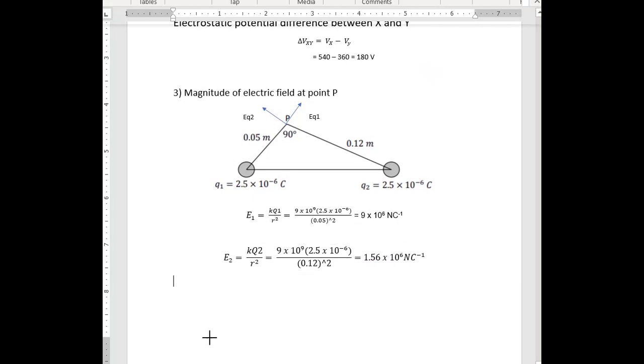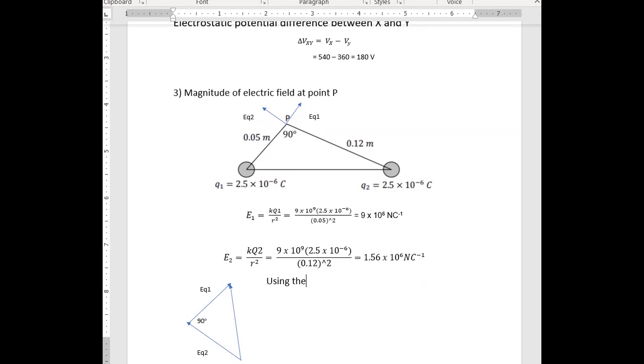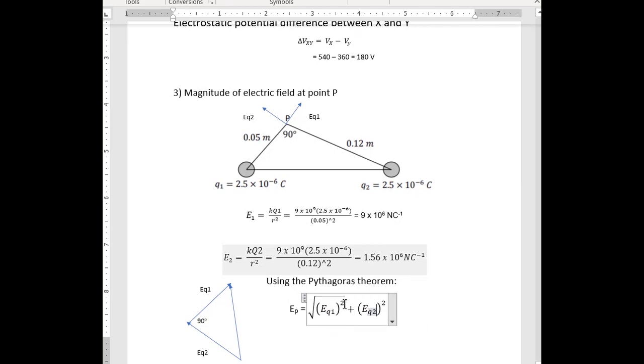Then we draw a vector diagram, Q2 and Q1. And we know that this angle is 90 degrees. Using Pythagoras, we can calculate the magnitude of electric field at P equal to the square root of E1 square plus E2 square.